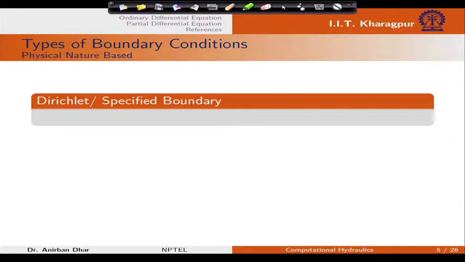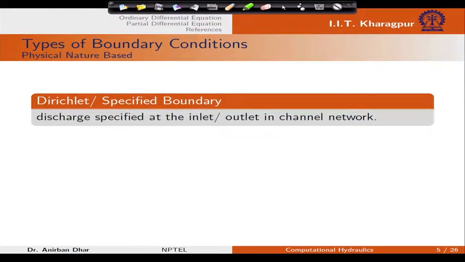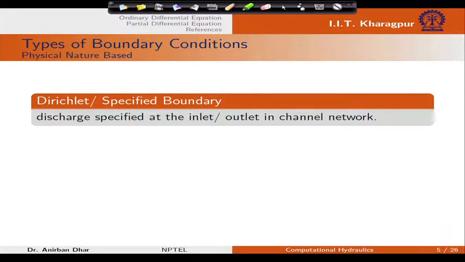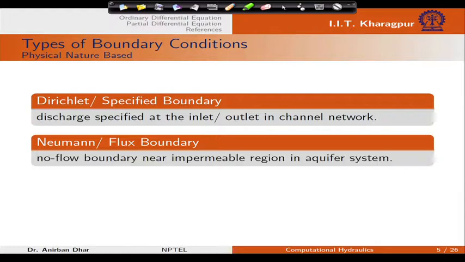Then depending on the physical nature, we can again classify this boundary condition. First one is called Dirichlet or specified boundary. Example, discharge specified at inlet or outlet in a channel network. Neumann boundary, that is flux boundary.